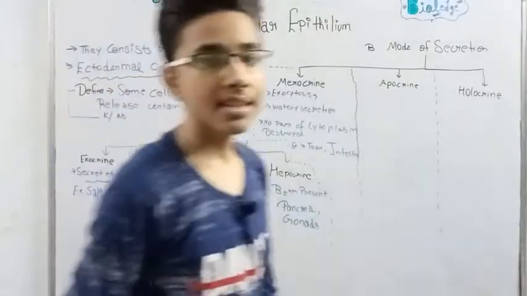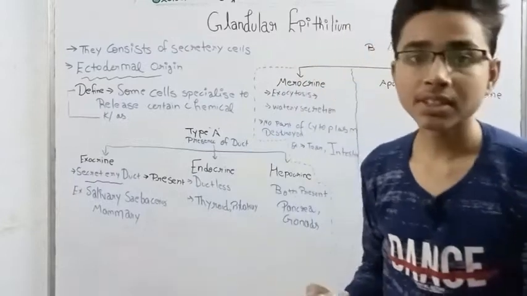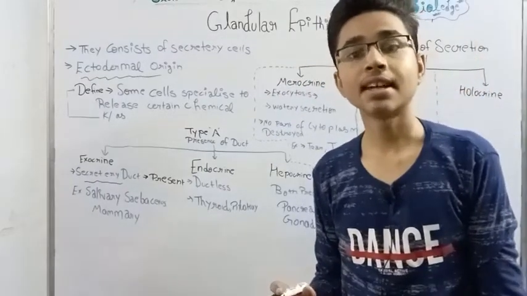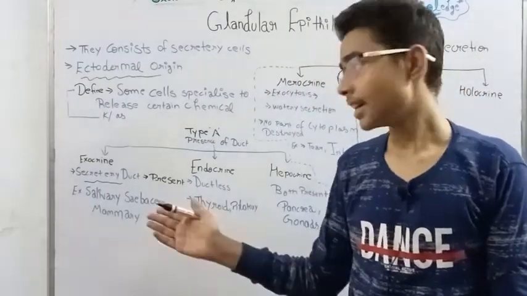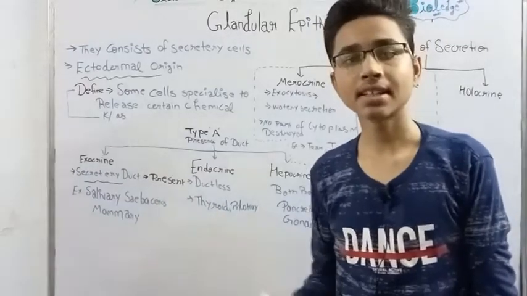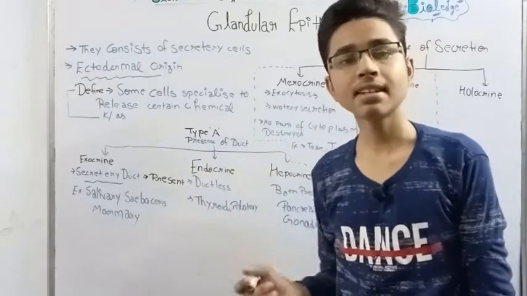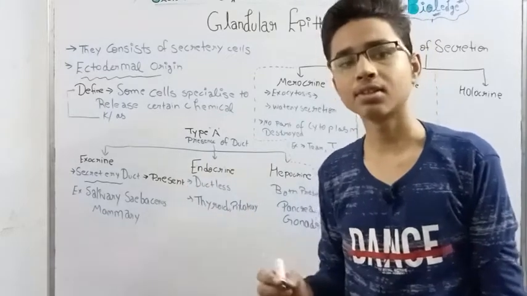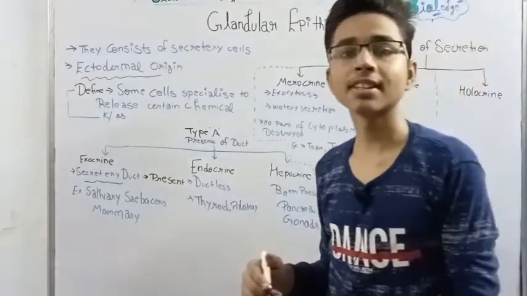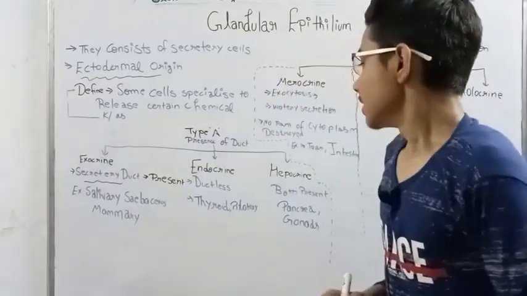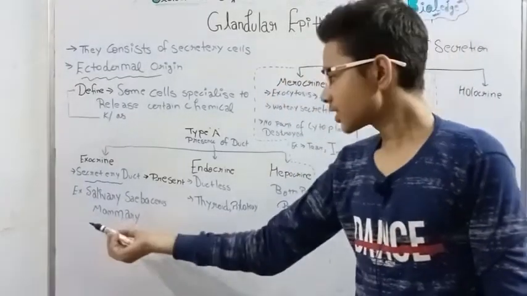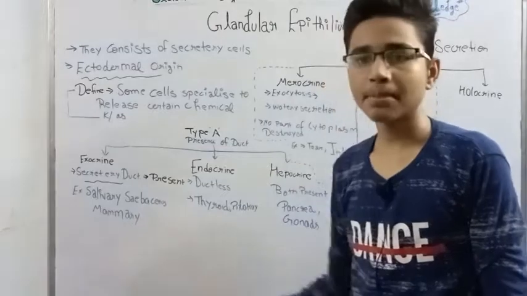As the secretory duct is present, they do not need to pour their secreted substances directly into the blood. They can give their secretions through the secretory ducts, or directly to the organ where they have to reach. Their locations are the salivary, sebaceous and mammary glands.